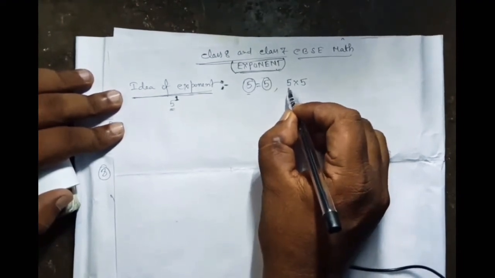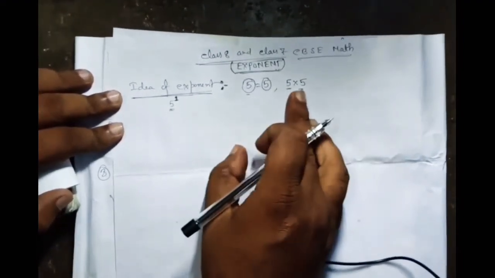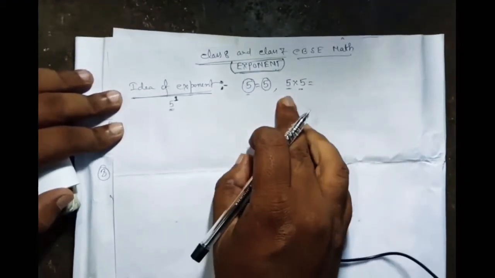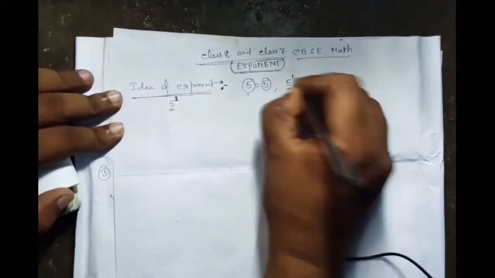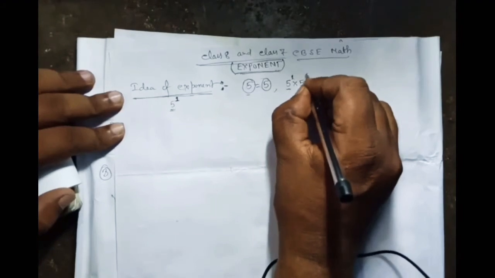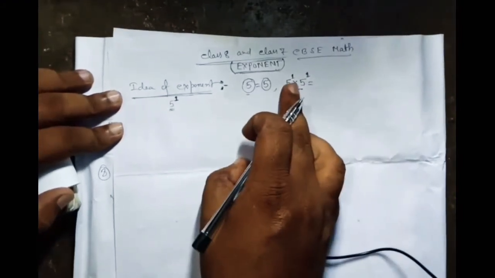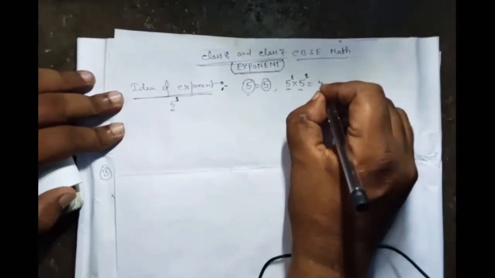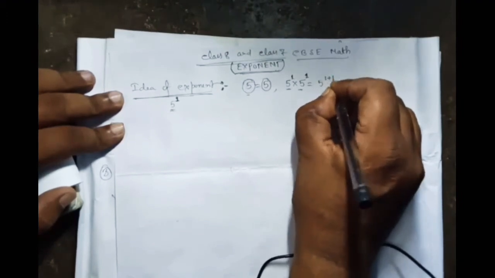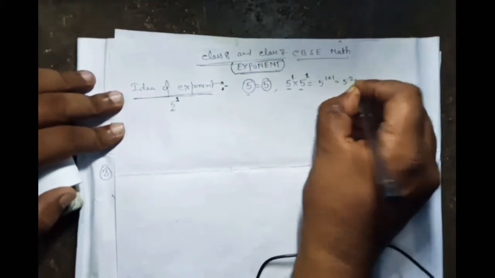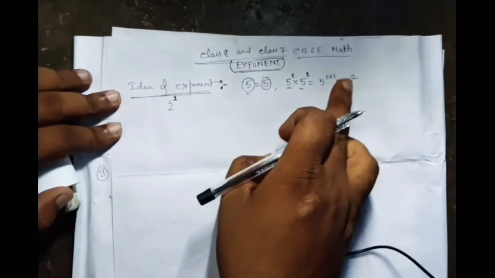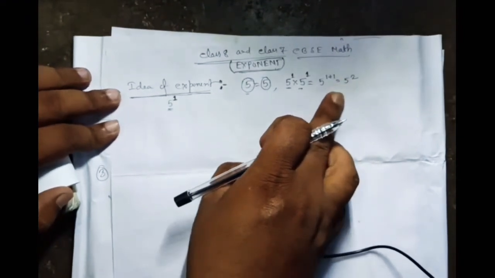So here if we take 5 and 5, 5 multiplied by 5, with 1 in the head of each, we can write 5 to the power 1+1, that is 5, and in the head of 5 we can write 2.